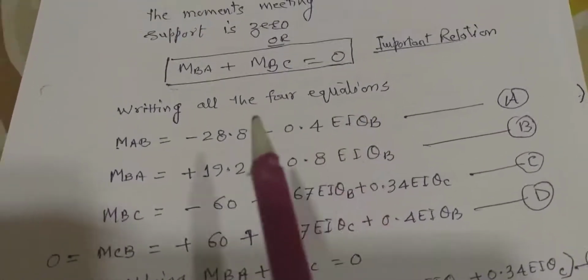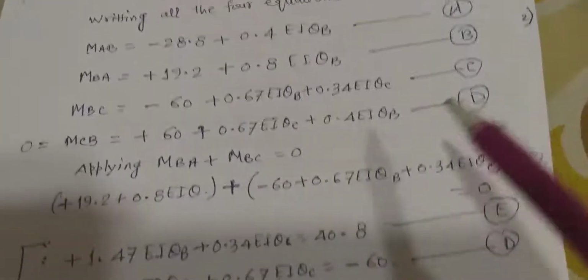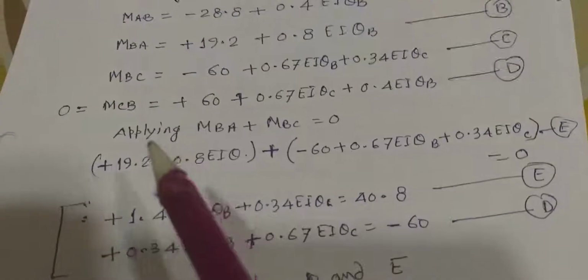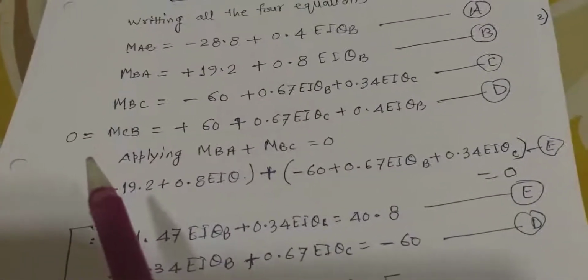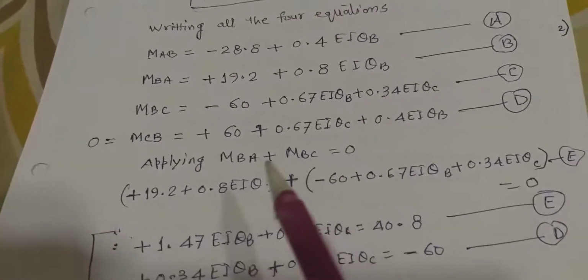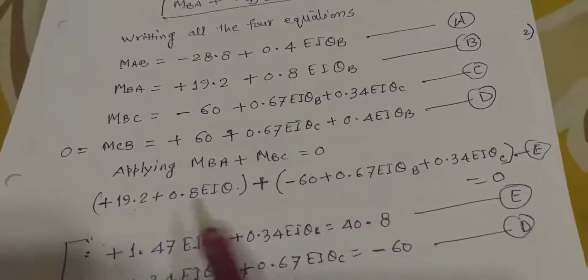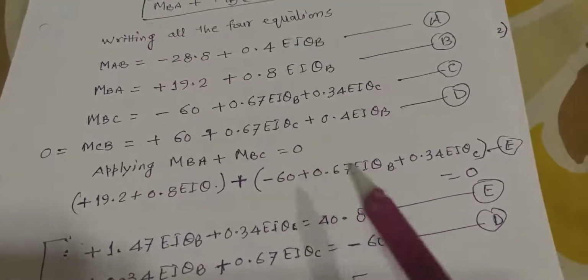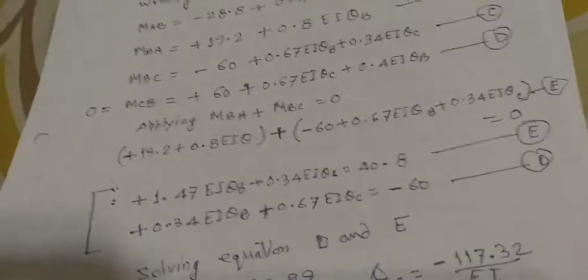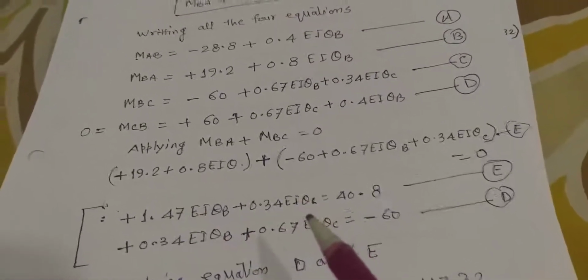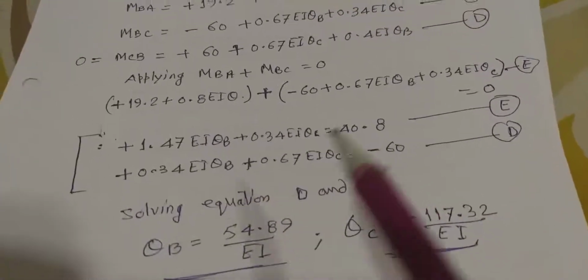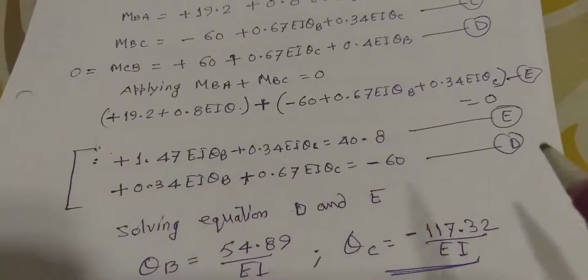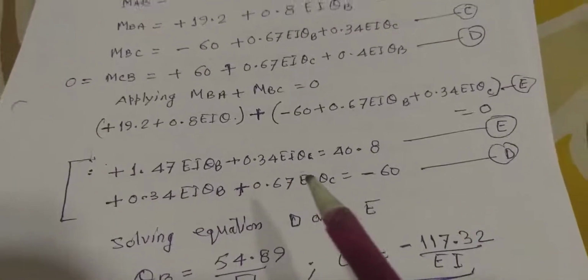Now, writing all the four equations A, B, C, D as we have already calculated, and applying MBA plus MBC equal to 0, substituting the values as per the requirement for B and BC, we get the relation between the two equations.